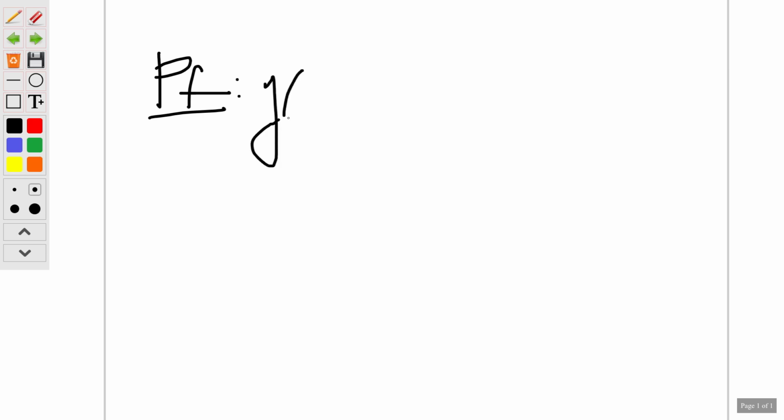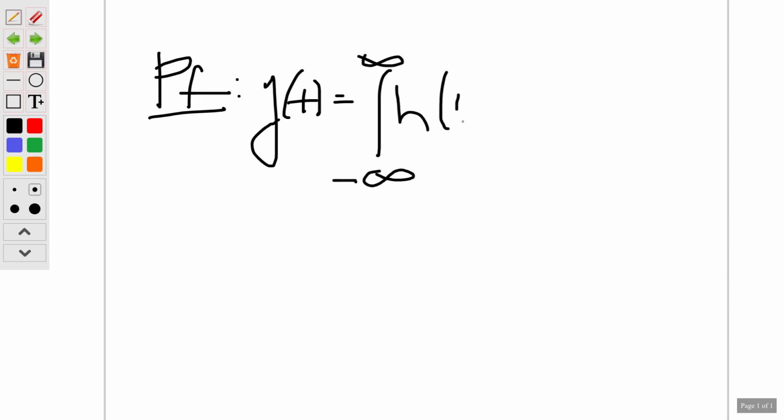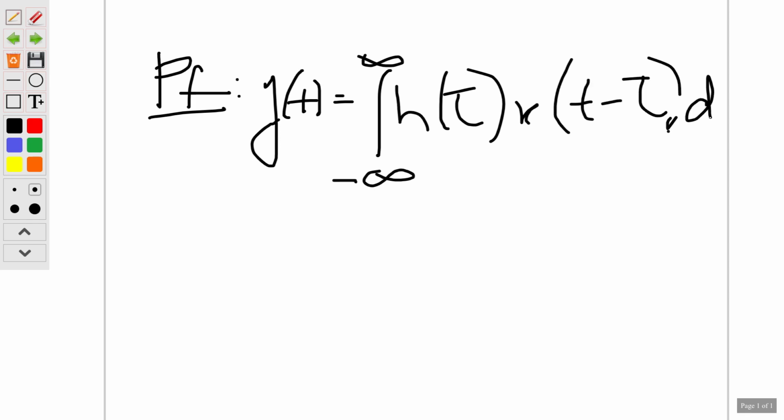So we have y of t, which can be expressed as an integral from minus infinity to infinity of h of tau, which is the response, times x of t minus tau, d tau.